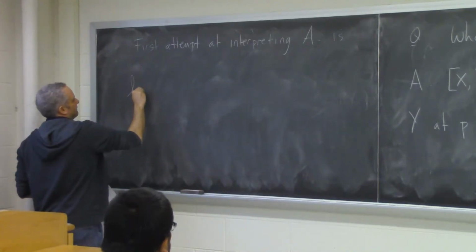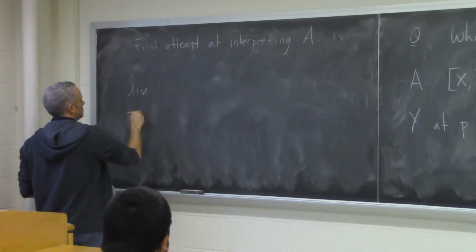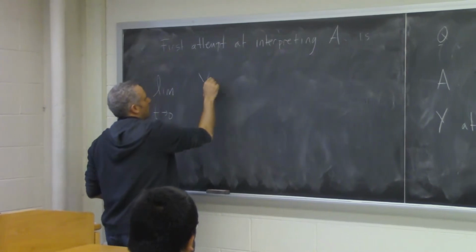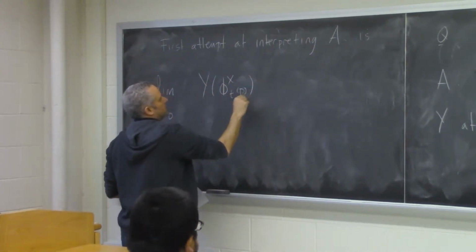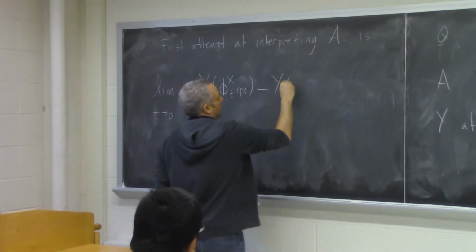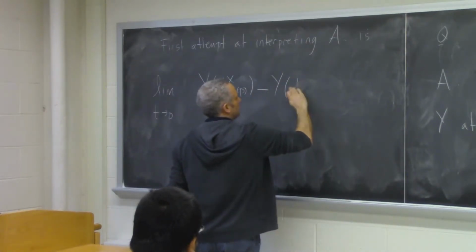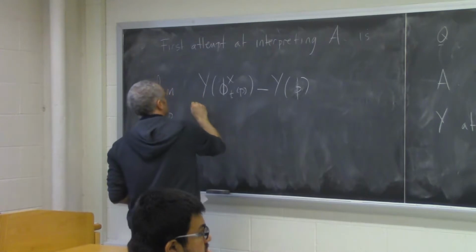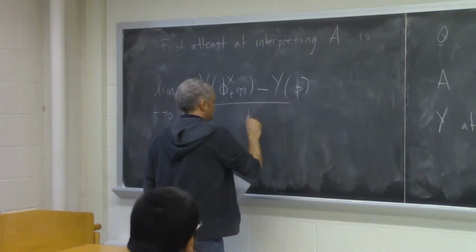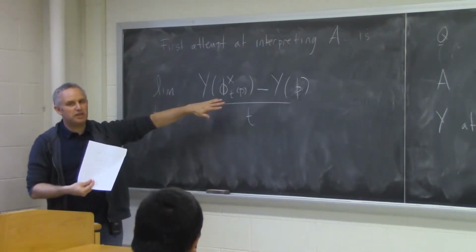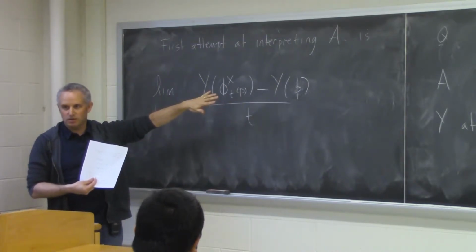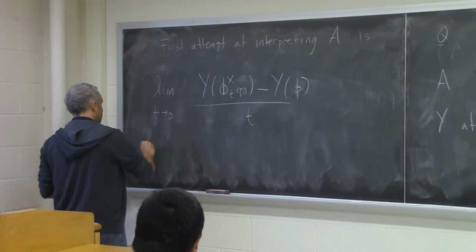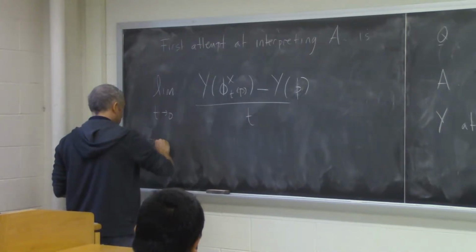So we want the limit as t goes to 0 of y evaluated at phi x t of p, minus y at p, over t. Okay? So we still, unfortunately, have this same problem that we did before, but now we have a fix for it. So the problem is that that doesn't make sense.